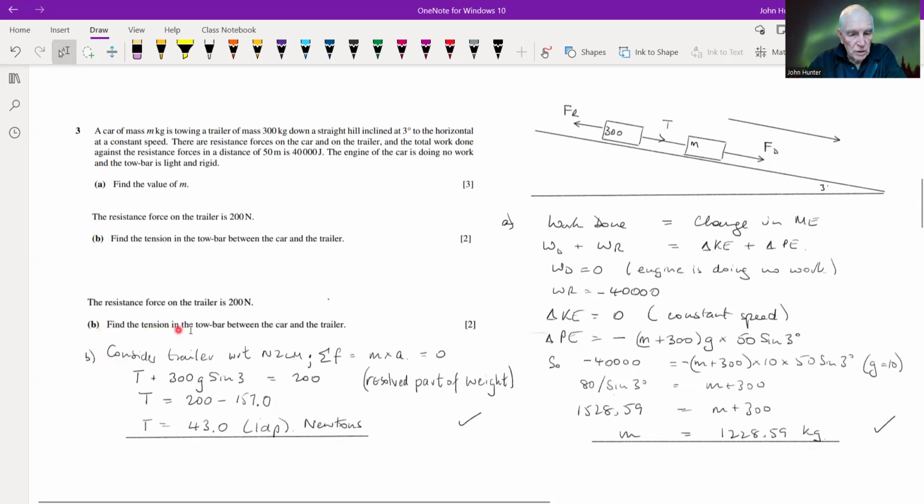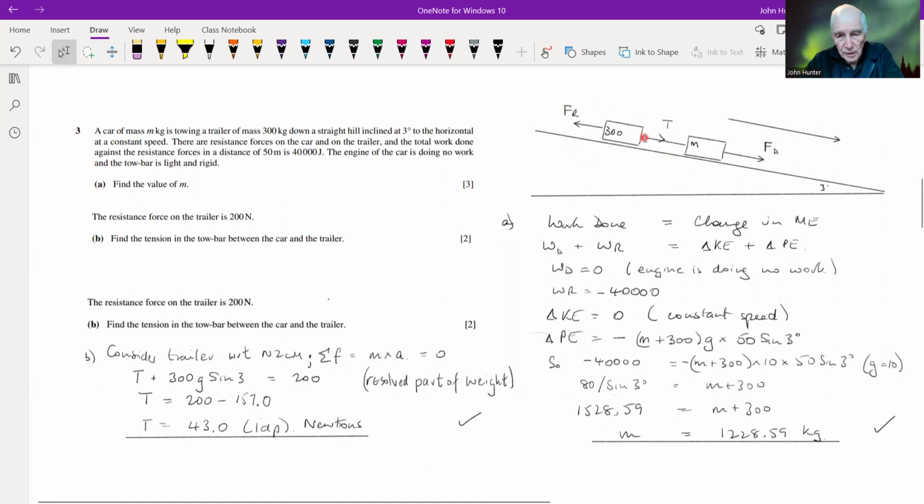B, find the tension in the tow bar between the car and the trailer if the resistance force on the trailer is 200 newtons. Right, so in this case we know the forces. We're just thinking Newton's second law of motion here. We don't have to think about changing kinetic energy or anything like that. If we just consider the trailer, we draw a line around this.